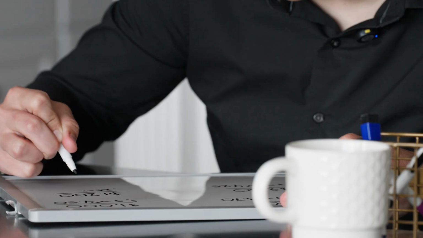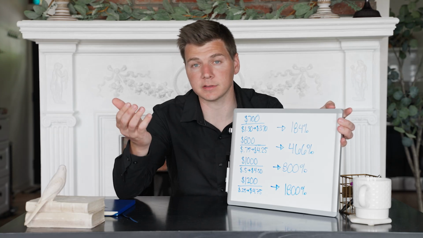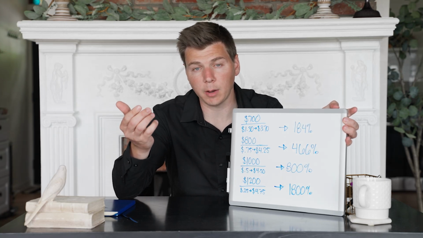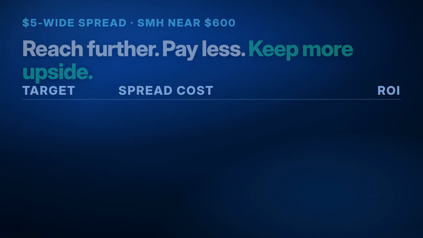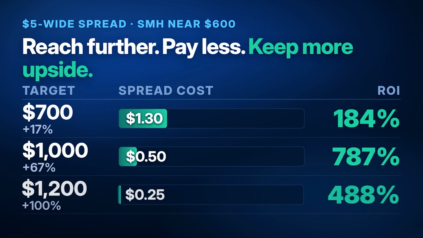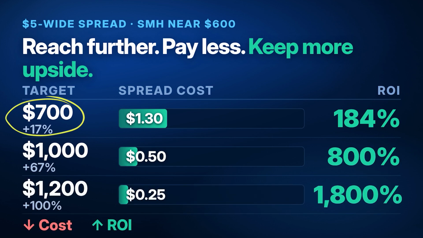Let's say, for example, that SMH is trading around $600 right now, and we think over the next 18 months, it can go to $700. And we're going to trade a $5 wide spread targeting $700. The $700 spread might cost about $1.30, and that would give you about 184% ROI. As soon as you go higher in price, that debit spread is going to get cheaper because it's a more aggressive trade.